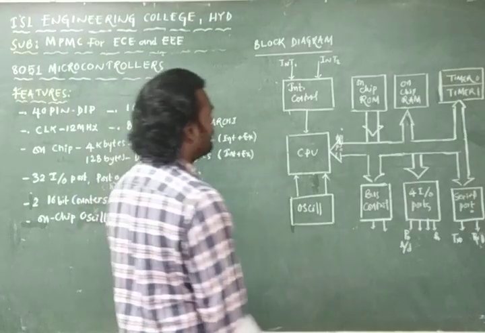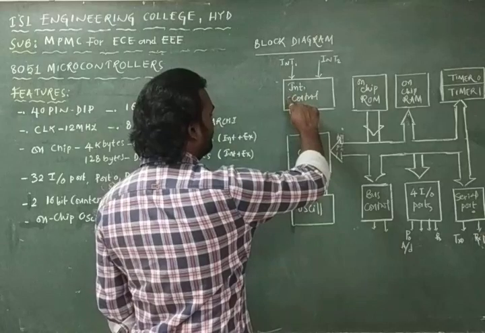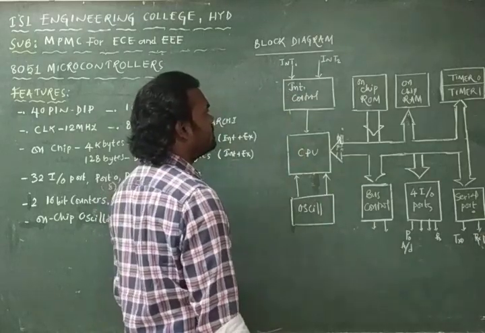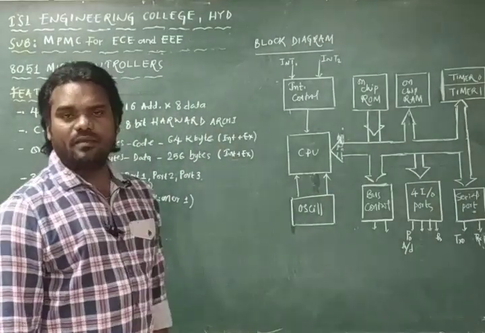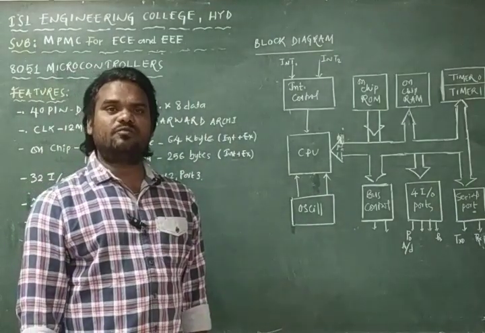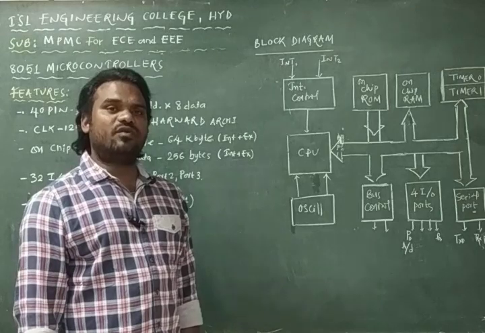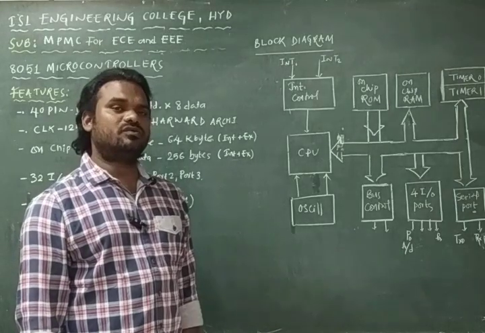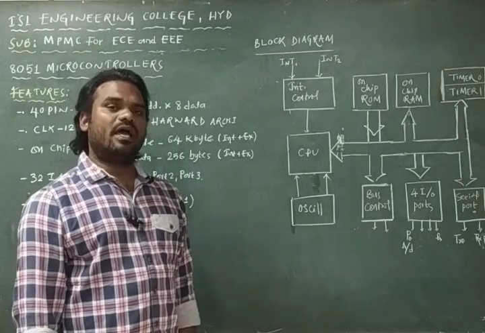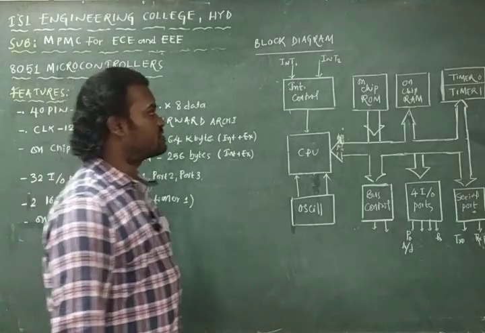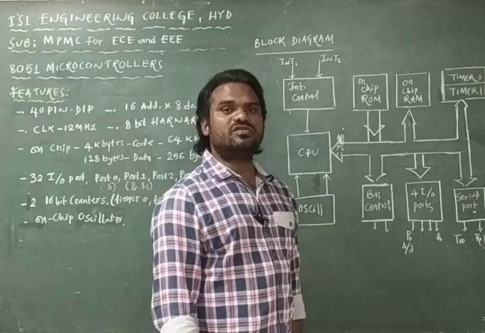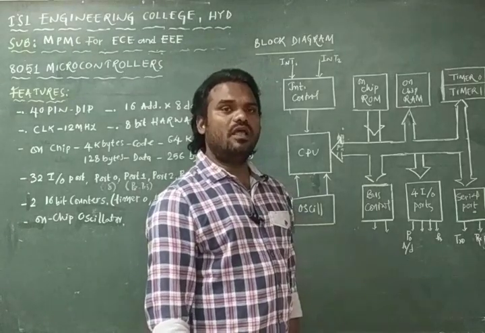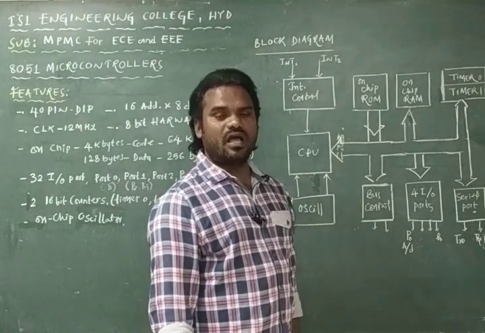Here the 8051 will have 2 interrupts, interrupt 1 and interrupt 2. By making use of interrupt 1 and interrupt 2, the 8051 can be interrupted, and based on the higher priority of the interrupt signal, it is going to serve that particular interrupt signal by stopping the current execution.